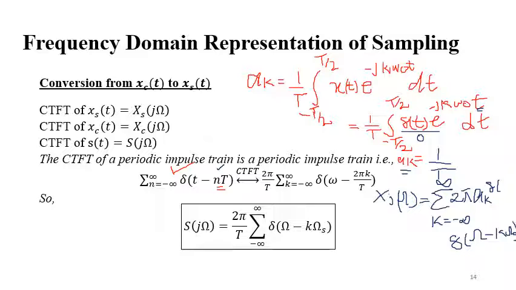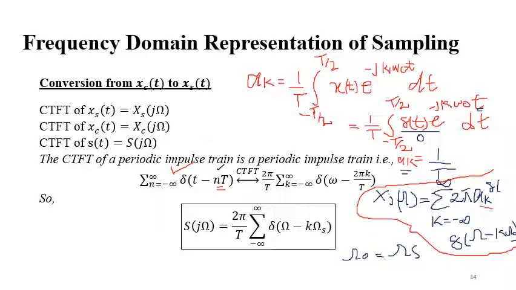In this case, omega naught is the sampling frequency, so omega naught equals omega_s. So this is the equation for finding the Fourier transform given the Fourier series coefficients.